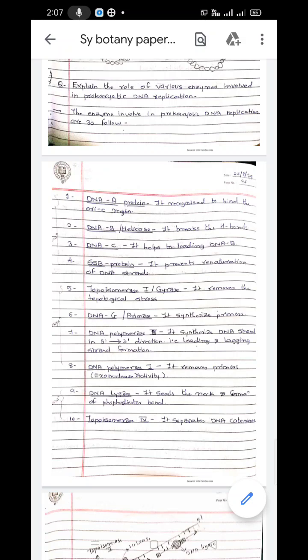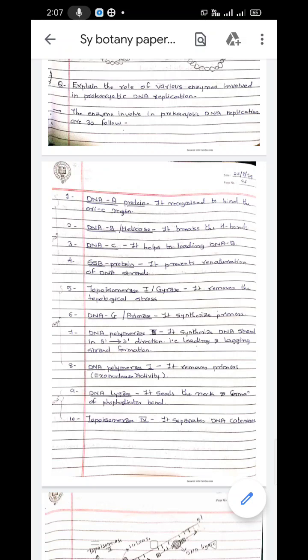Then the fourth enzyme is the SSB protein. These SSB proteins prevent the renaturation of the DNA strands. After the separation of the strands, if the SSB proteins are not working, the DNA will be rejoined.